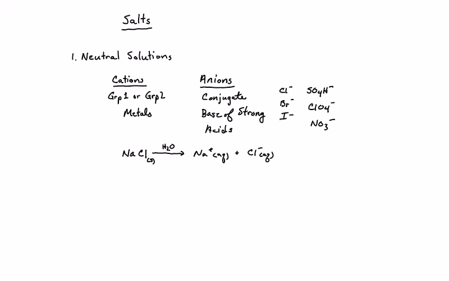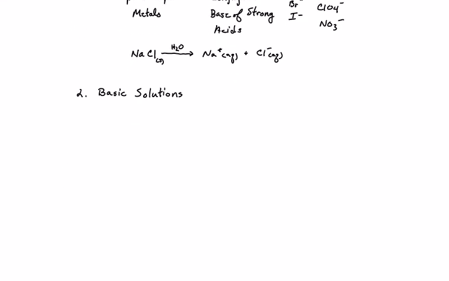The second type of solution is basic solutions. There are some salts that when we add them to water, will produce a basic solution. In order to produce a basic solution, either the cation and or the anion have to react with water in a way that is going to produce hydroxide ions.